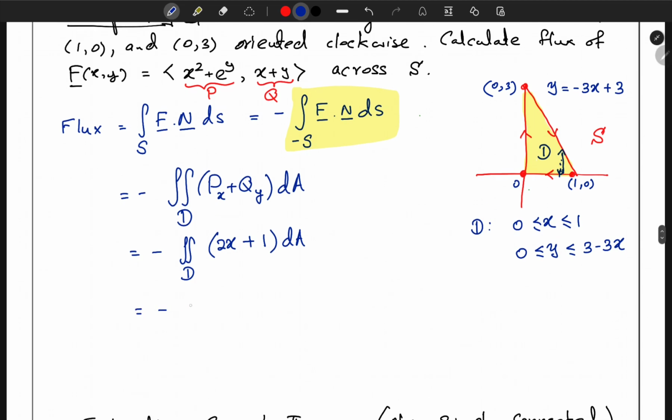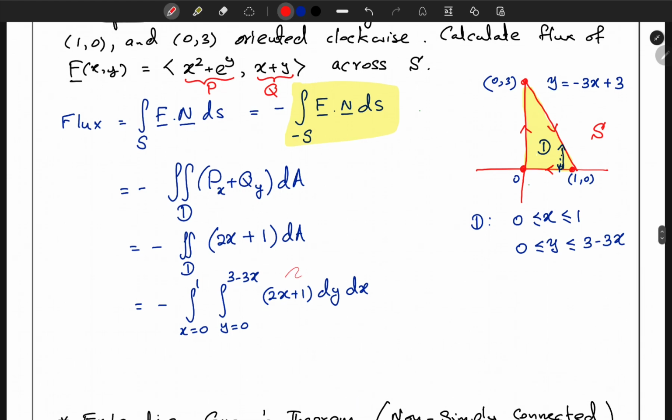So the integral is negative, x going from 0 to 1, y going from 0 to 3 minus 3x, of 2x plus 1 dy dx. Okay, so you can take the 2x plus 1 out to the outer integral because it does not depend on y, and evaluate the integral.